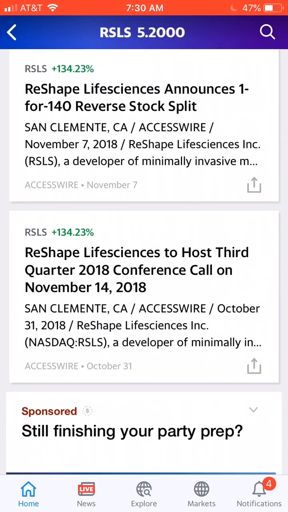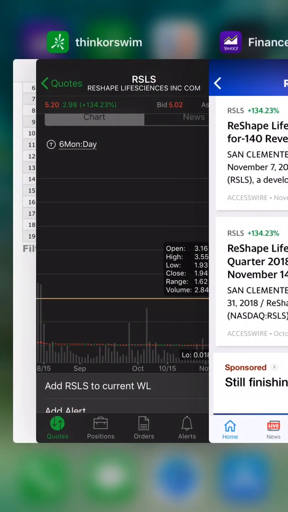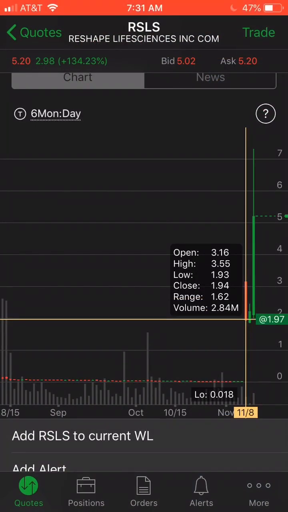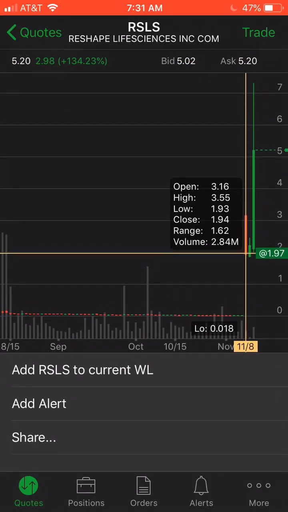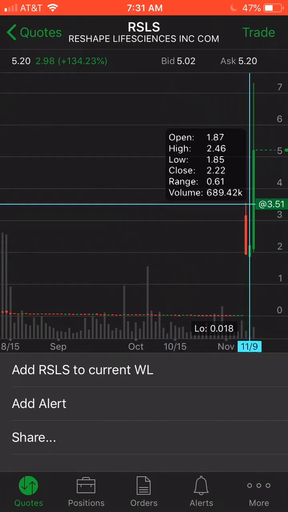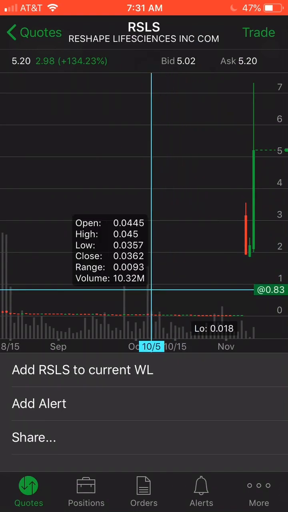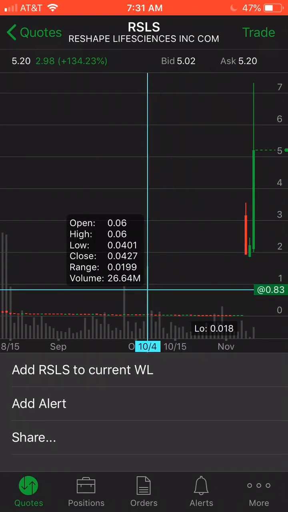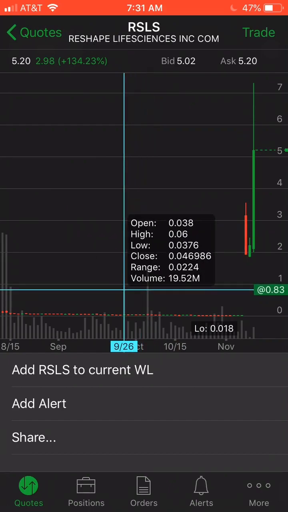Yeah, here's the reverse split on this day. So that's why this chart is a little funky, because when the stock was cheaper, it traded much higher volume before.